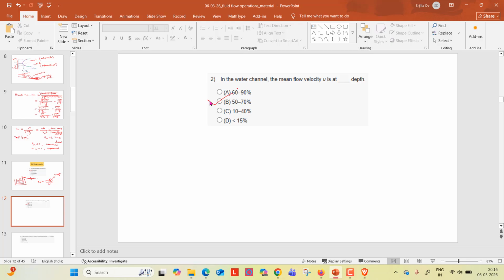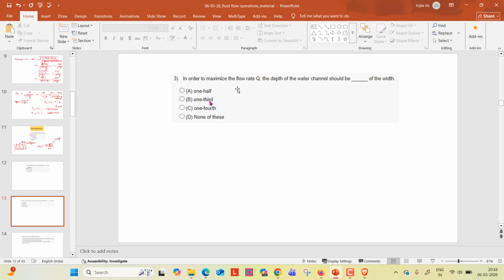Next, in order to maximize the flow rate Q, the depth of the water channel should be what of its width? Think and tell me.